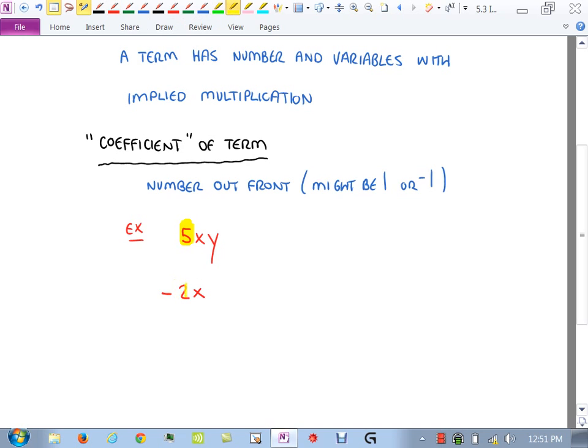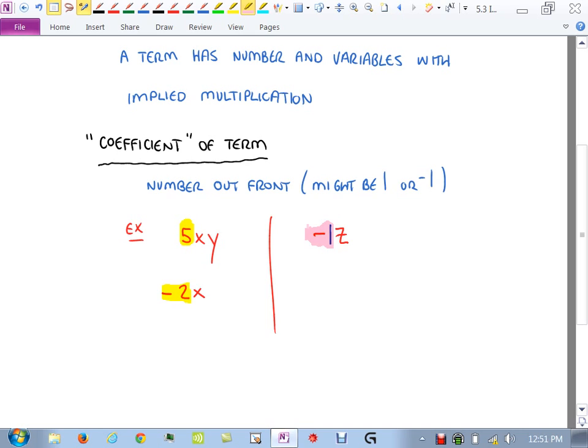Coefficient, -2, right? We'll do another one over here on the side. How about -z? Yes? What's the coefficient? -1. So I don't write the 1, right? But the negative sitting in front implies that there's a -1. Okay?